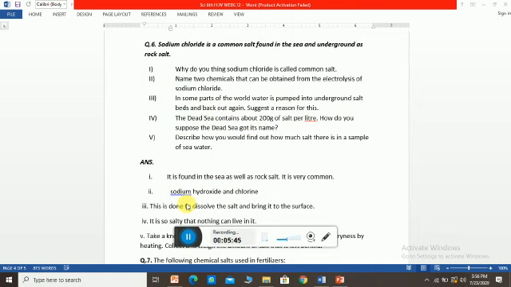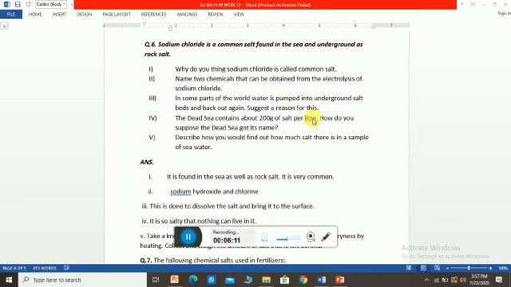The fourth part: seawater contains 25 grams of salt, and the Dead Sea contains 200 grams of salt per liter. How do you suppose the Dead Sea got its name? Because it is so salty that nothing can live in it.